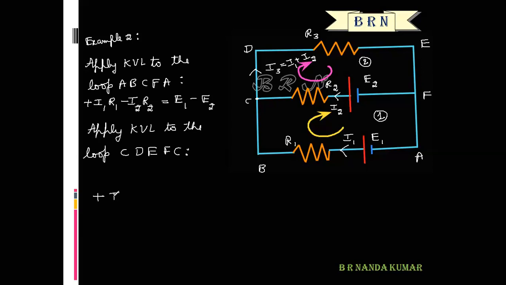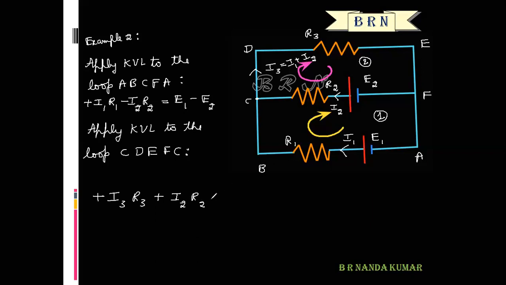So plus I3 R3. The next branch, E to F, here there is no resistance. Next, F to C: the resistance is R2, current is I2. The indication is clockwise, the current flowing is also clockwise. So the product of current and resistance, I2 R2, is taken as positive.